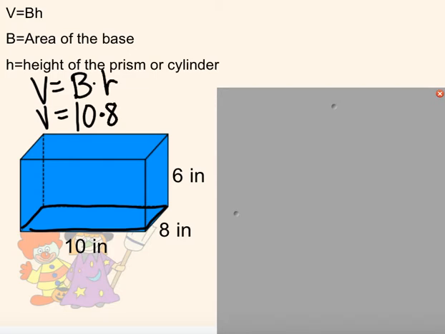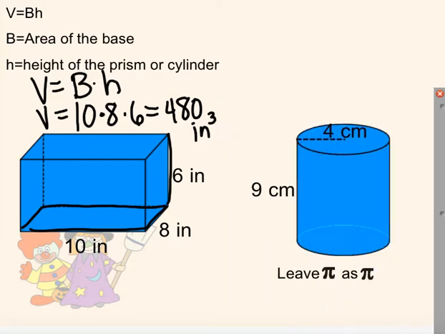And then we multiply it by the height, this 6. So in total, we get 480. And since we're in volume, we are in inches cubed. So we just do the area of the base times the height. Pretty simple. Let's try another.